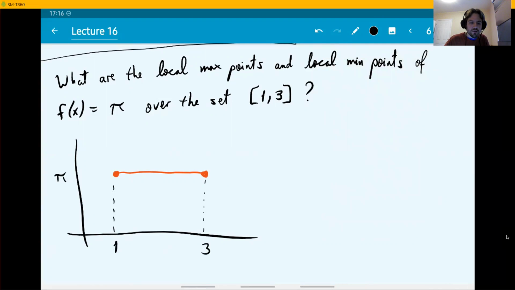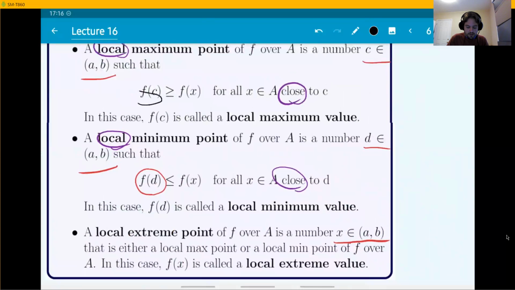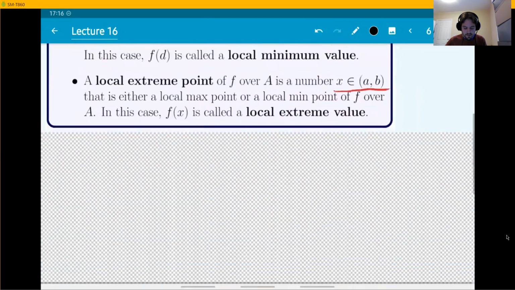By looking at this function, you don't see any valleys or peaks, but just remember that a point is considered to be locally max or min if the value of the function at that point is larger than or equal or smaller than or equal to other values around it. That's definitely the case here for any point.